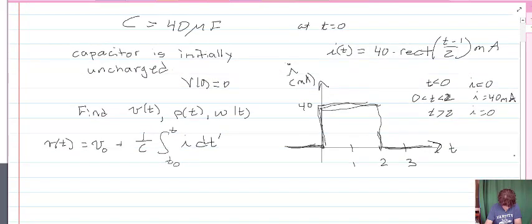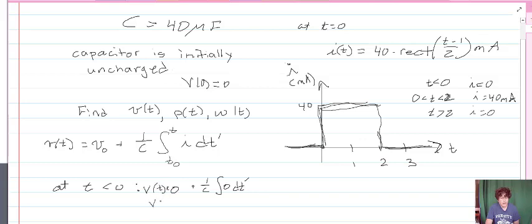Okay, so it's initially uncharged. So at t less than 0, it's going to be 0 because it's uncharged, plus 1 over c times the integral of 0 dt prime.